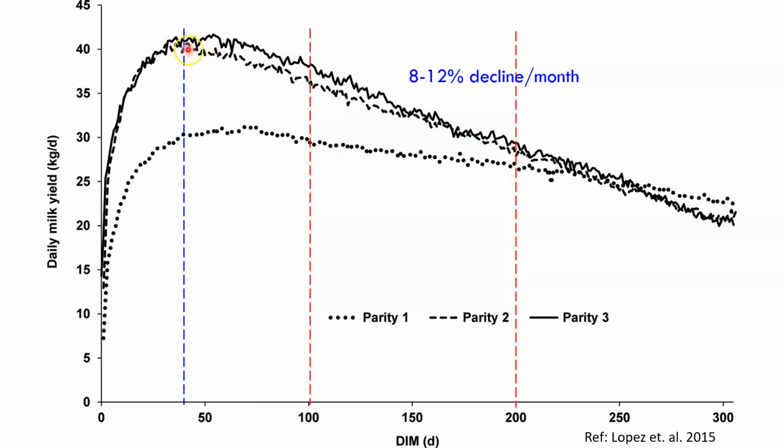So if the animal gave 40 liters at peak, and every month there was a 10% reduction, next month it will be 36. Next month, take off the 3.6, something like 32.4. And then next month 29, next month 26 point something, something like that. So there is an 8 to 12% decline every month, right? Okay.